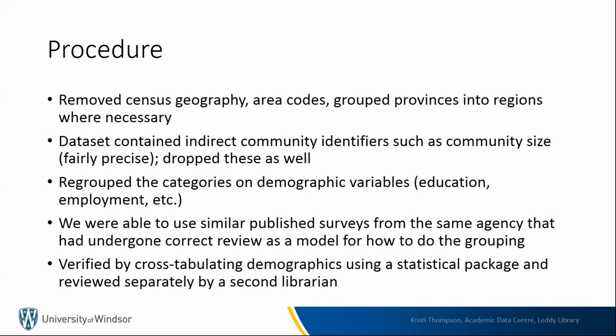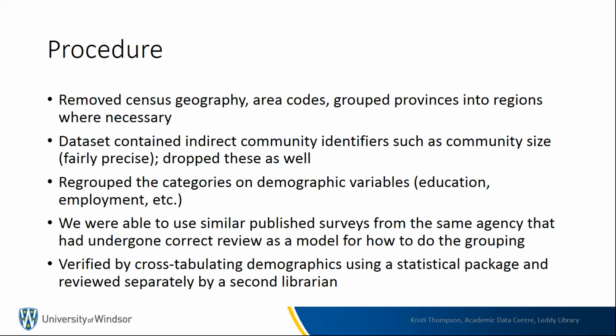The data set also contained indirect community identifiers such as community size, which was quite precise. We dropped those as well. I mean, if you've got the exact population of a particular community as of a particular year, you can probably use that to deduce, perhaps not precisely, but you can probably use that to deduce what the community might have been.